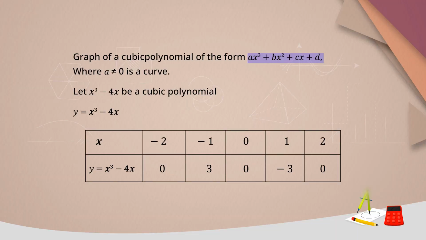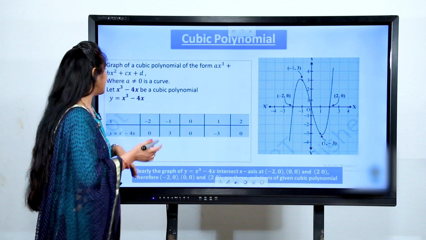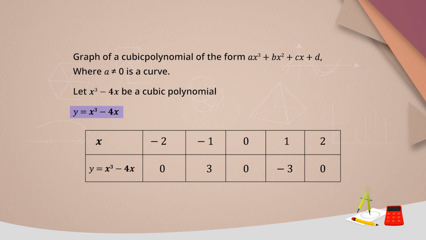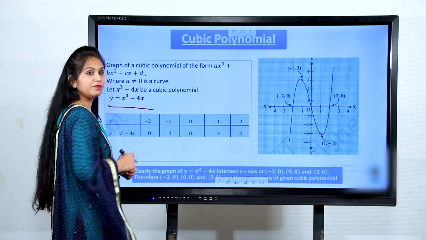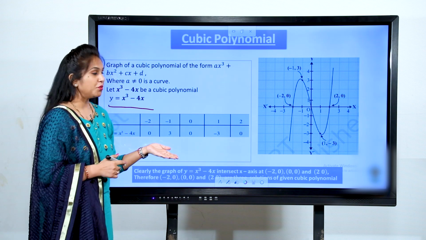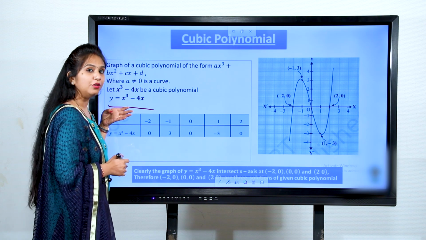So the general form of the cubic polynomial is ax cube plus bx square plus cx plus d, where a is not equal to 0. This is the general form of a cubic equation, and as an example we have taken the cubic equation x cube minus 4x. So when y is equal to x cube minus 4x, in the same way we will put some value for x and simultaneously we will get the value for y.